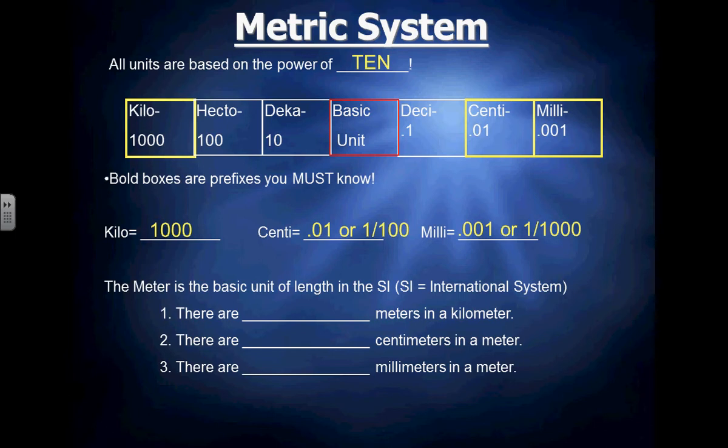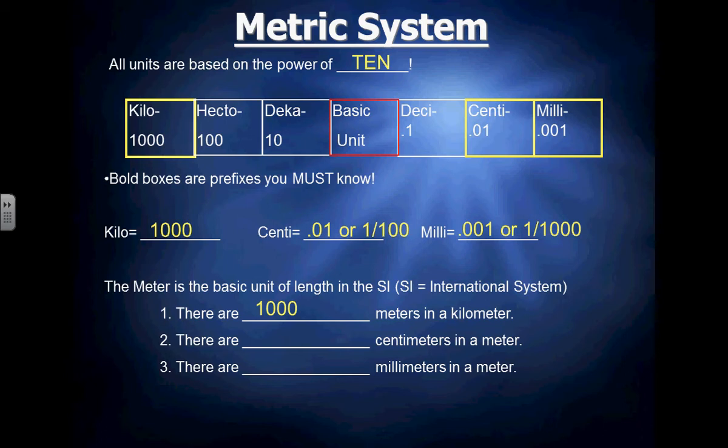So if we think about length, like we just said, the base unit for length is meters. So how many meters in a kilometer? Based on what I've shown you? 1,000. 1,000 meters in a kilometer. This next question you got to be careful of.